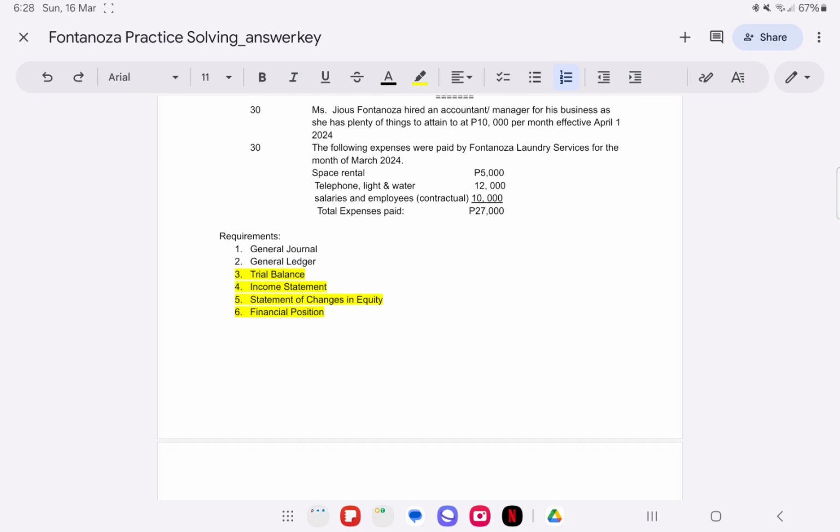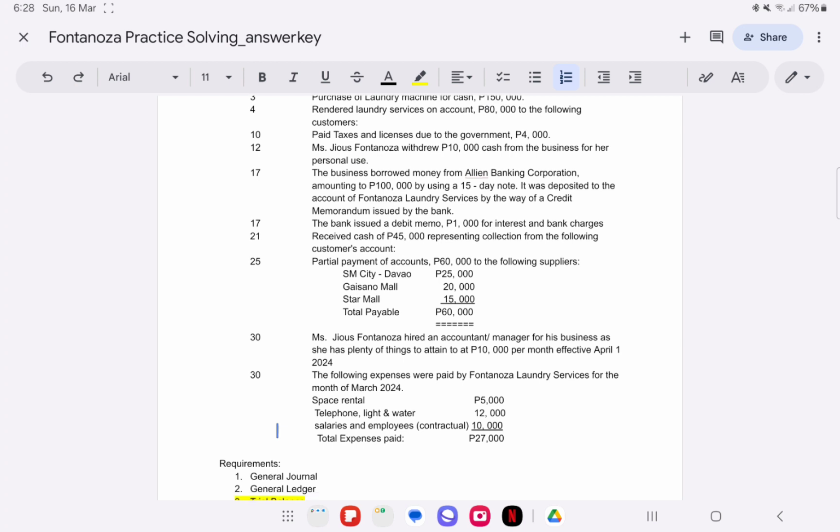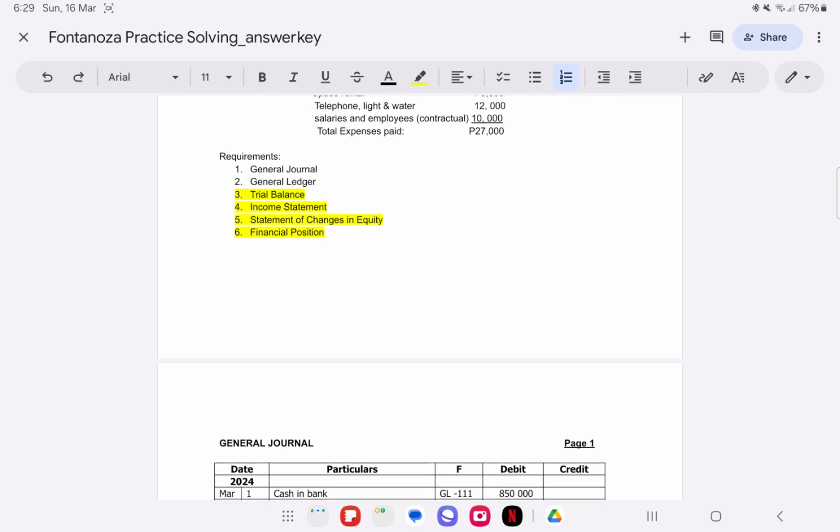Before we proceed to the transactions, I will show you the format of the general journal. I already stated the solution for us to easily access it and not be time consuming.